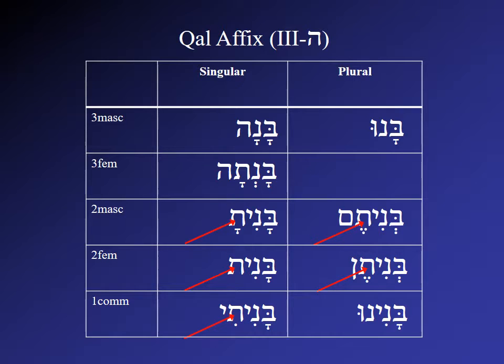Notice in the second feminine singular, this results in banit, with no indicator of the feminine there. Then in the third masculine plural, we lose our hey altogether. It just expresses as banu.